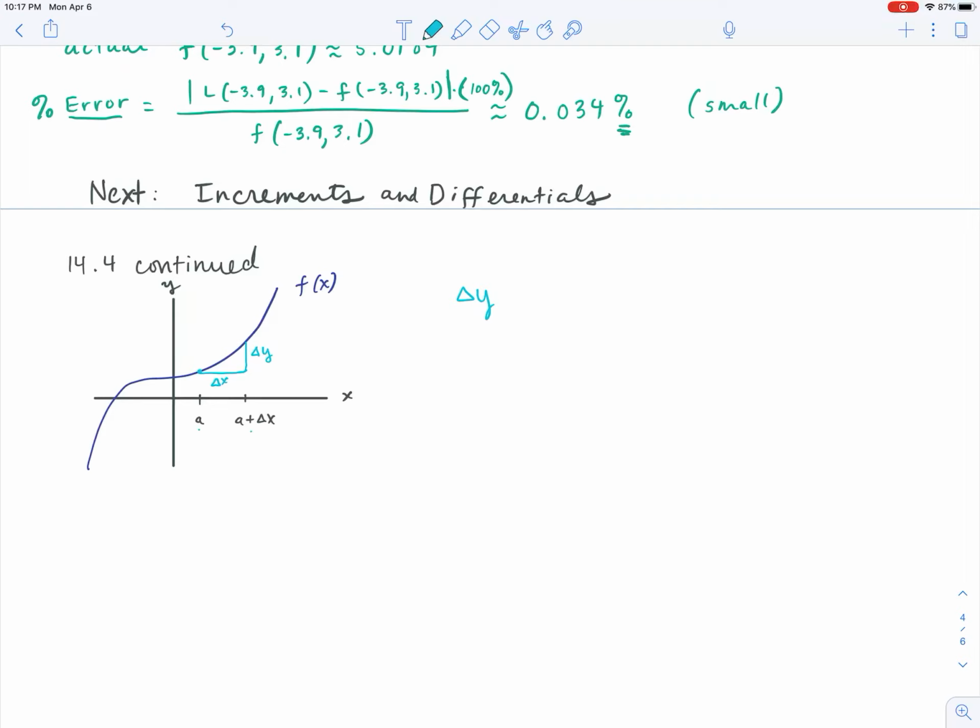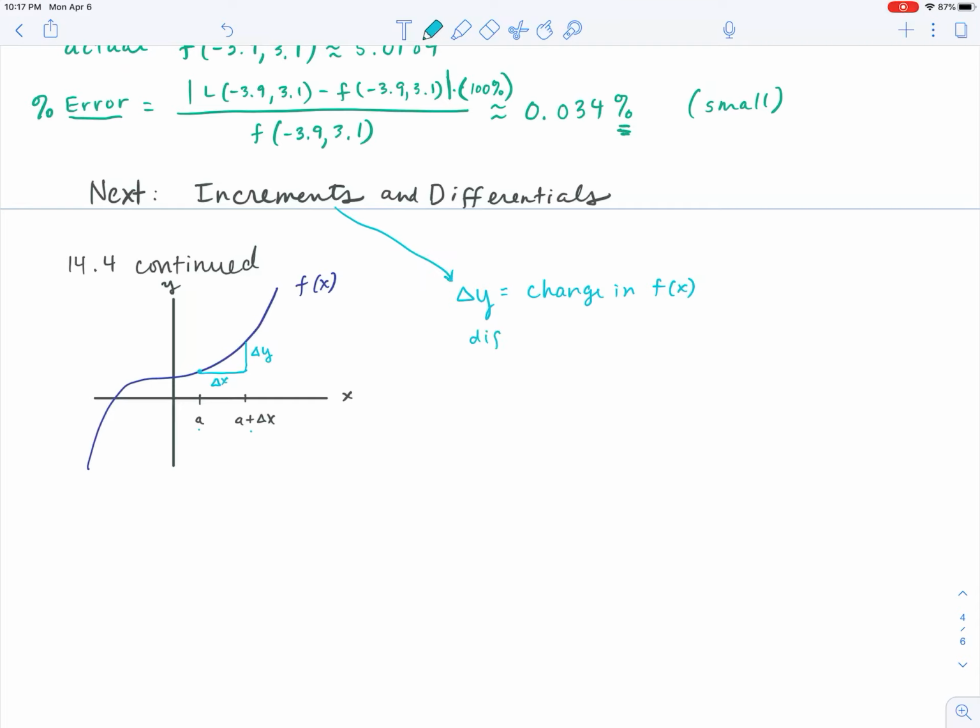I have labeled here a and a plus delta x. Delta y is the change in y value of the function. Okay. Now, this is an increment.